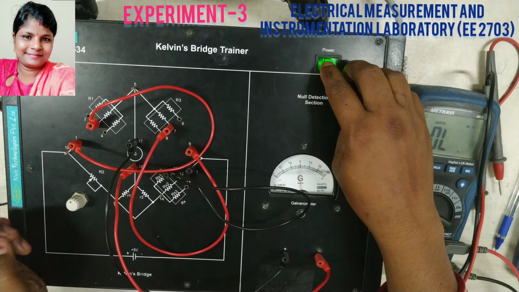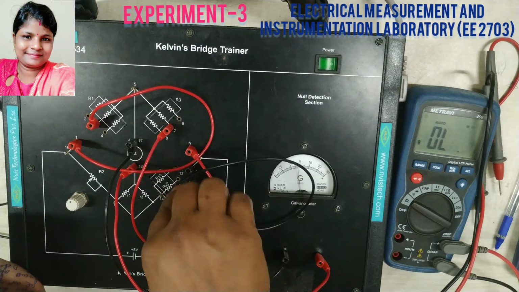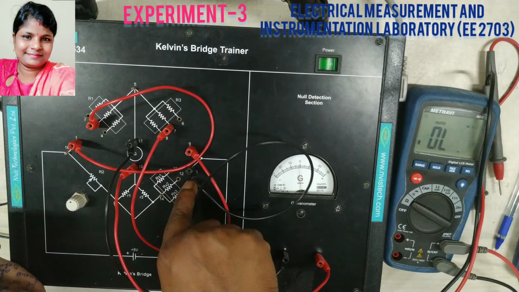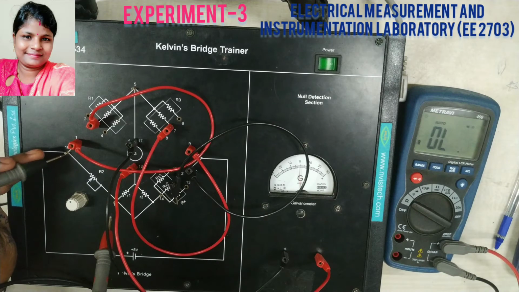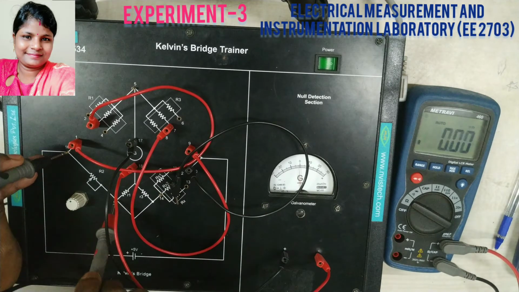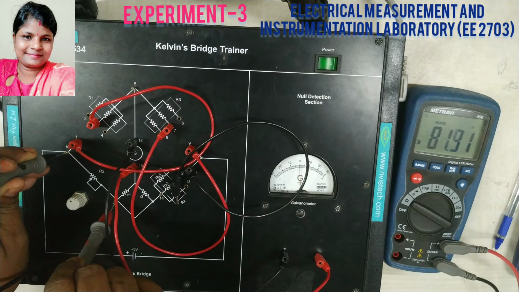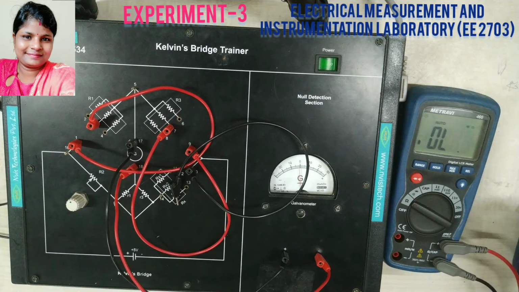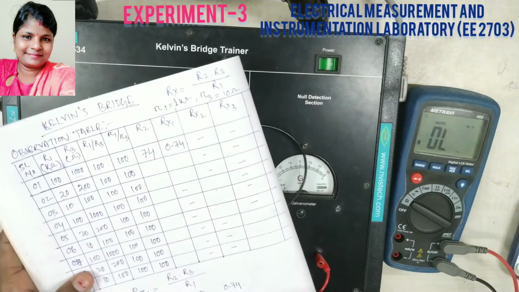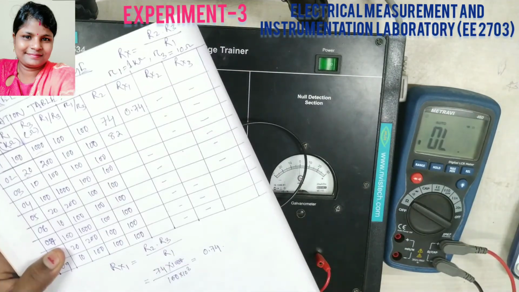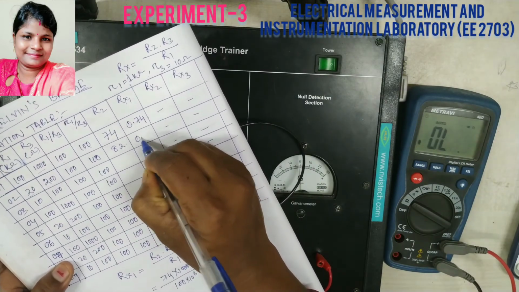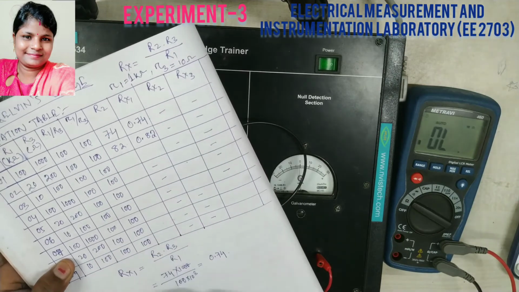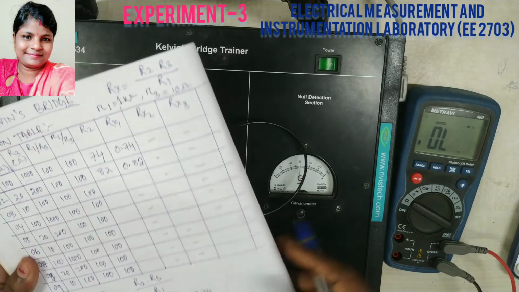So switch off the power, disconnect between terminals 10 and 11, take the multimeter and connect between terminals 15 and 16 and take the value of R2, that is 82. So write here 82. By calculating, this Rx1 is 0.82.